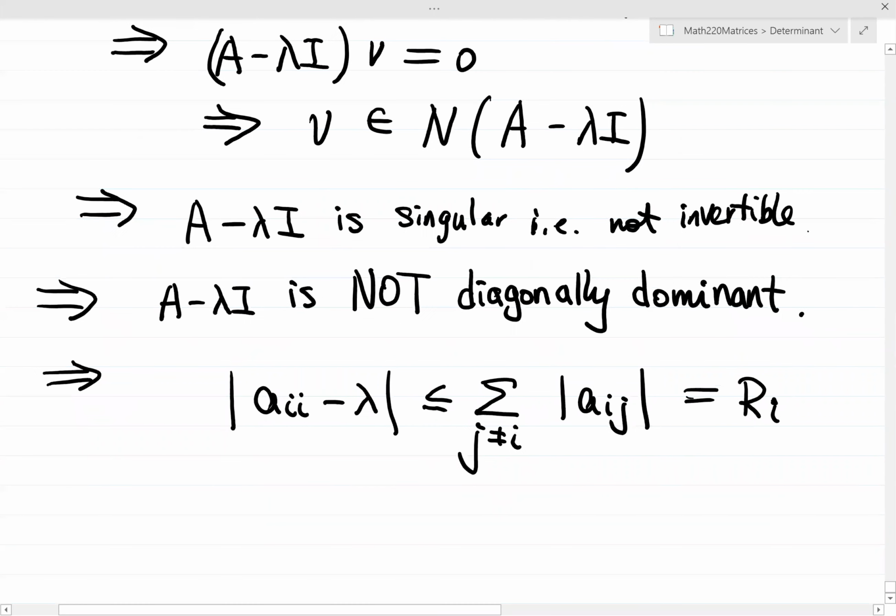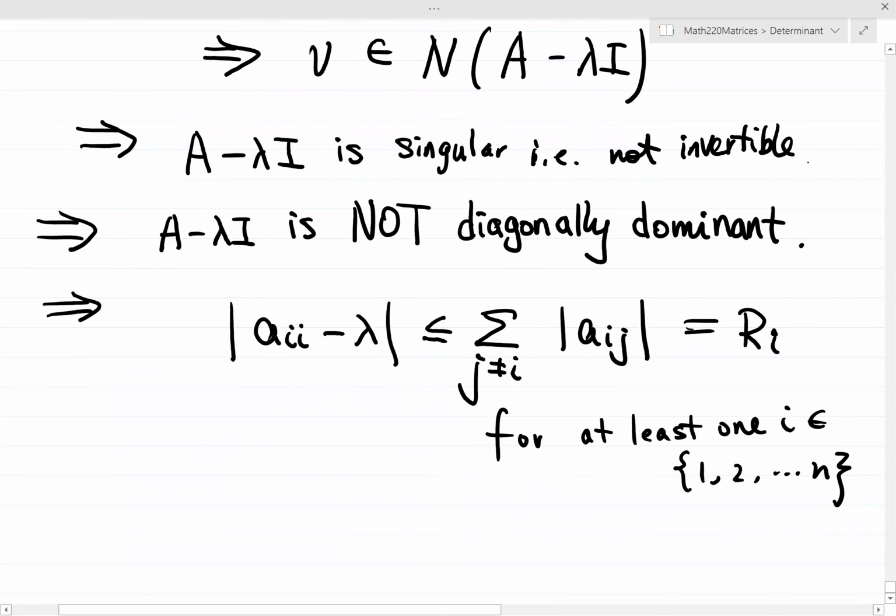Because if this is greater than or equal to, then the matrix A minus lambda I is diagonally dominated. So this should hold for at least one i in 1, 2, 3, 4, all the way to n. At least one of these should be true.